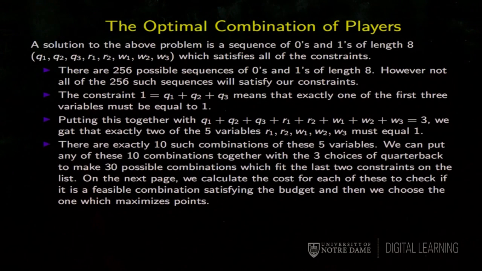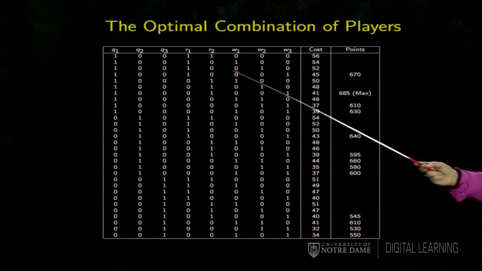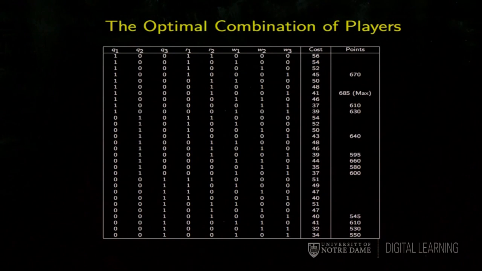And on the next page, we list all of these 30 combinations, and we calculate the cost for each of these to check if it's a feasible combination, if it's less than or equal to 45, and then we choose the one which maximizes the points. Here we see a list of all possible combinations, and for this first combination we choose quarterback 1, running back 1, and running back 2.